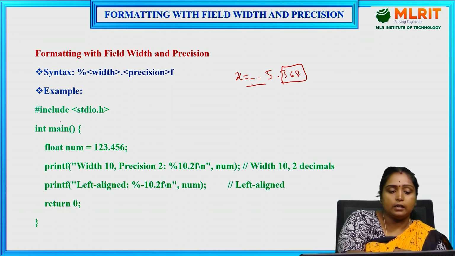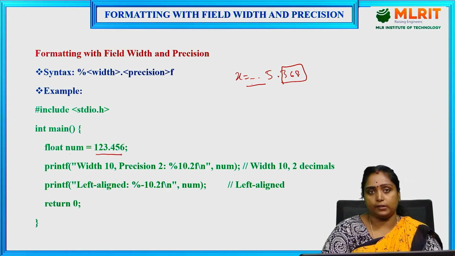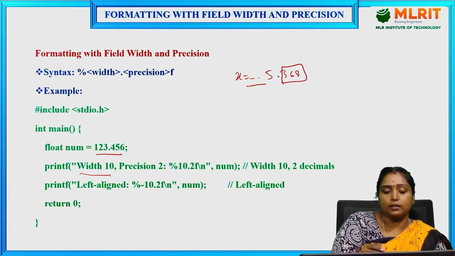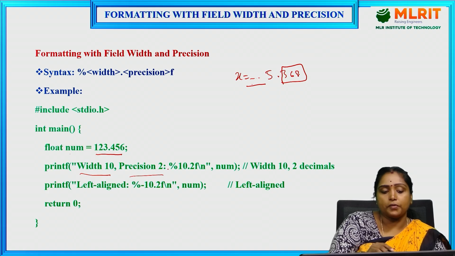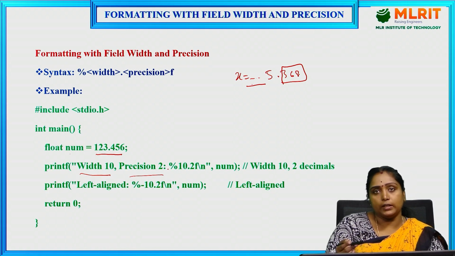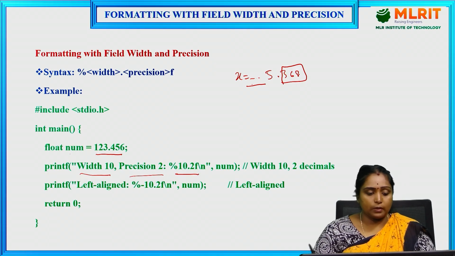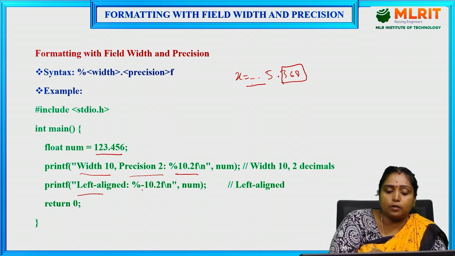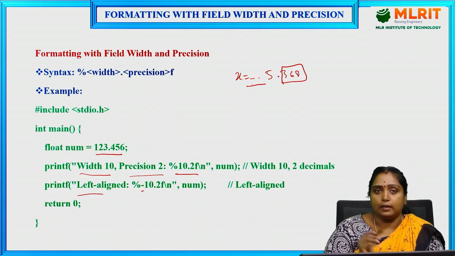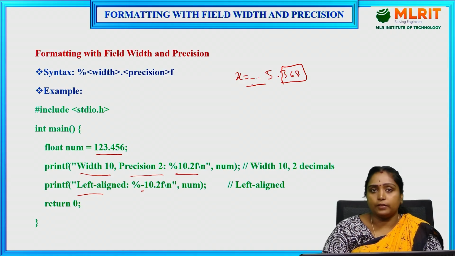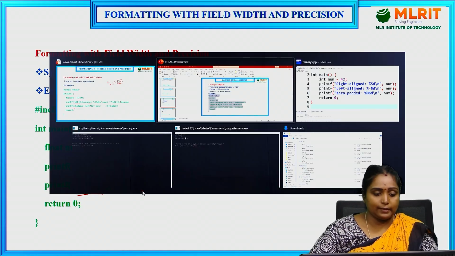See here, if my floating number is 123.456, for width I have to use 10 and precision 2, so after the dot I have to use only 2. So I can go with %10.2f. And for left alignment, if I give a minus, like a hyphen, I can get it left aligned. So let us see this example.